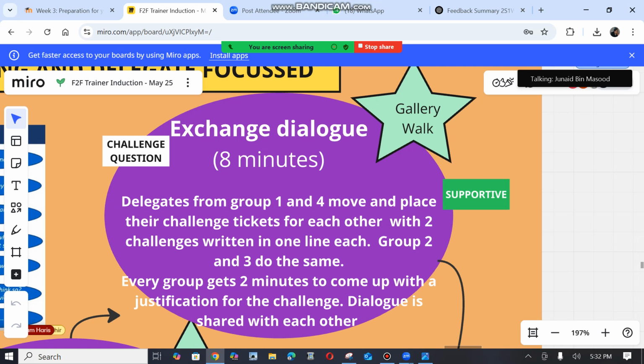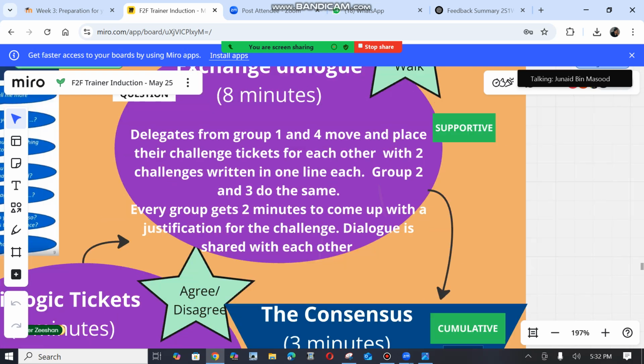The instructions will clearly say there should be 2 challenges of 1 line each, so it can be constrained to a proper time limit without any disruption of the activity. Then every group, after exchanging the challenge tickets, will get 2 minutes to come up with the justification of the challenge, and the dialogue will be shared with each other.